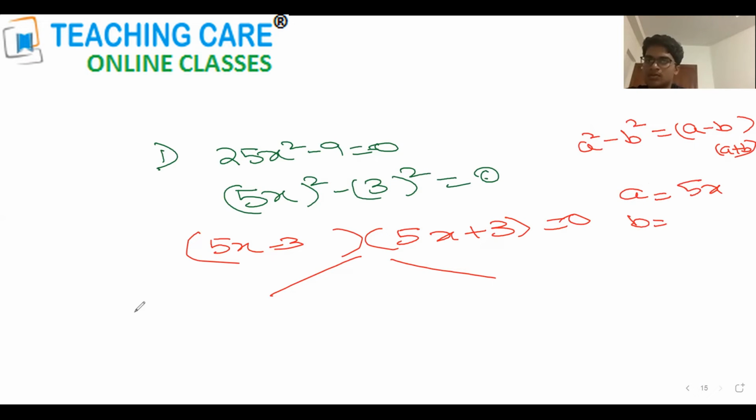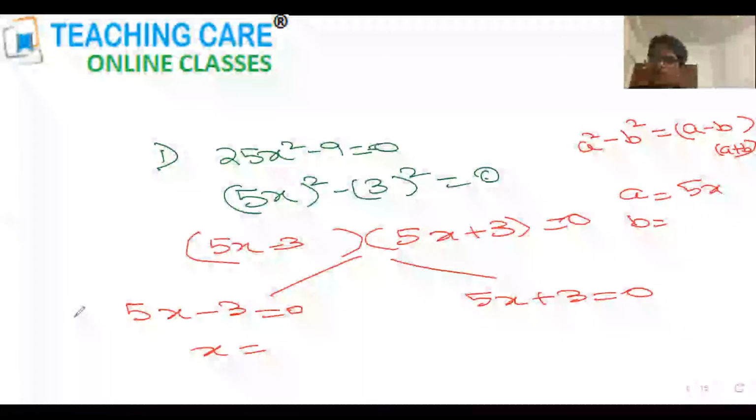So the first one would be x equals minus 3 divided by 5. For this one, minus 0.6. Are you sure?